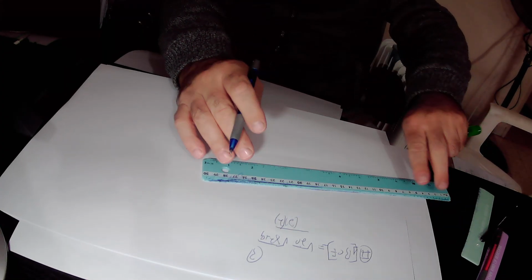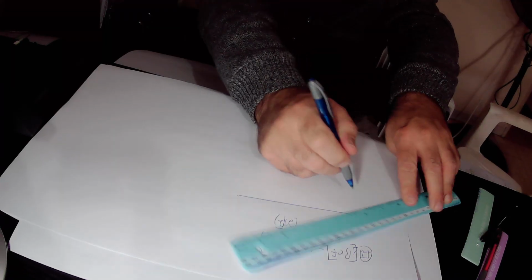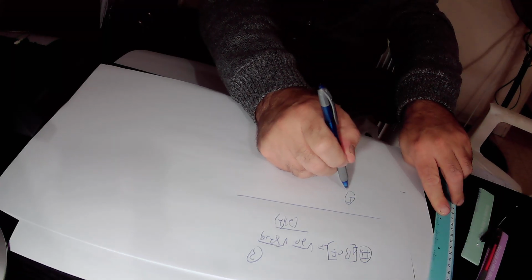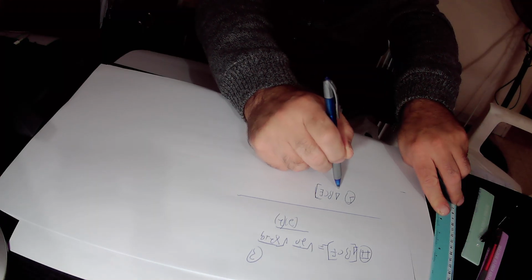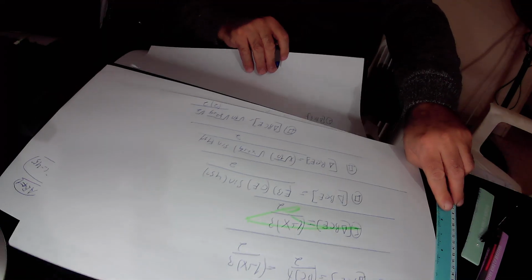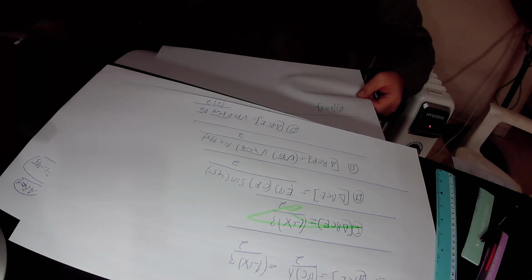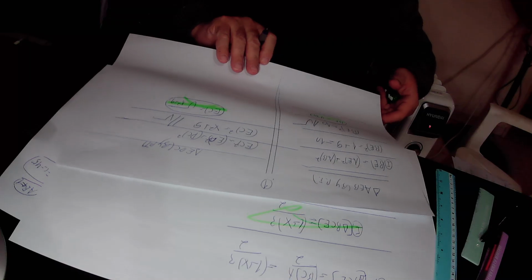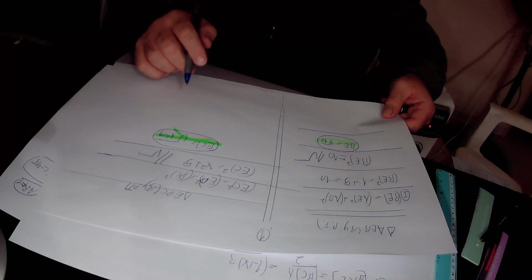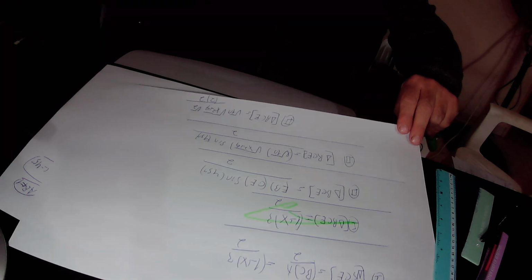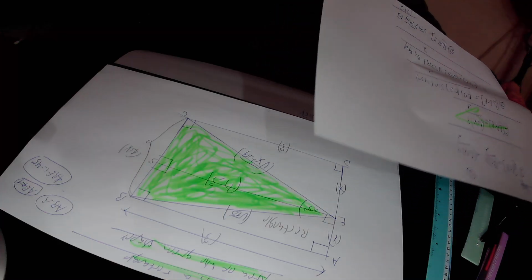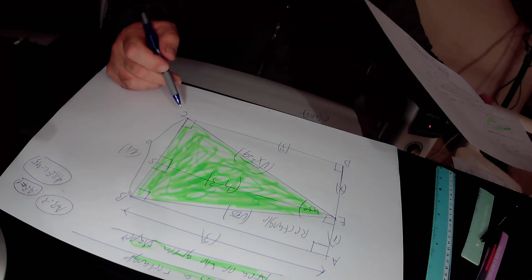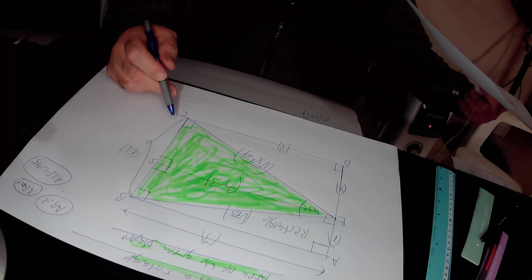But according to the first method, the area of the same green triangle BCE, so we calculate the area of this triangle BCE according to the first method.